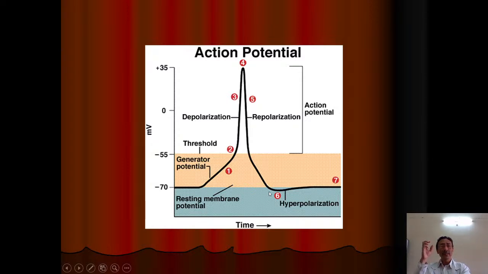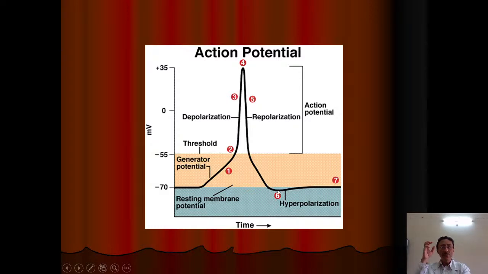Once it reaches minus 70 millivolts, one thing will happen here: the potassium channels now will begin to close slowly. As they close at this point of time, the action potential comes back to normal, and sometimes you will find that the potential goes down below minus 70 to somewhere around minus 75 or minus 80.